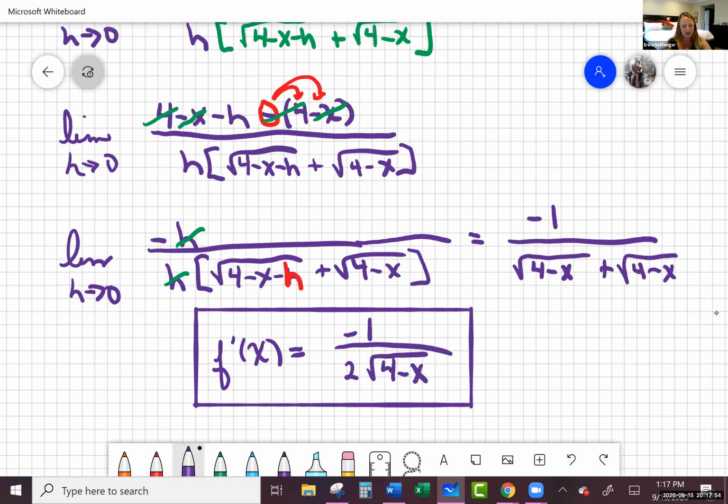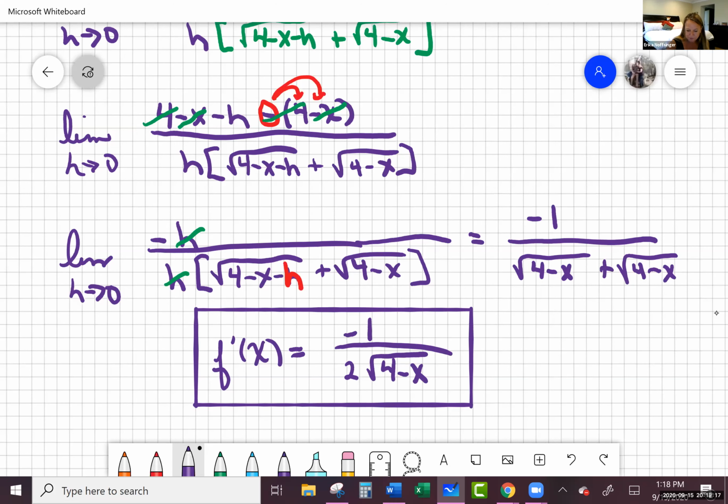So now, if they asked us to find the derivative at any value which is defined for a function, we can plug that value in for x. So for instance, if they said, find an equation of the tangent line at the indicated point on the graph of the function.